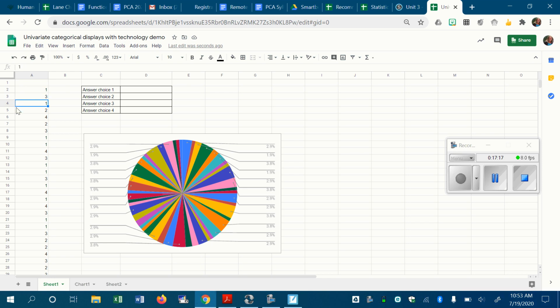So these numerical codes pertain to the choices that were given in the survey, and these are folks' answers. Then what sometimes happens is that people will highlight all the way down the column and have the spreadsheet make a graph for them. And it looks like this thing that I have here, this crap.